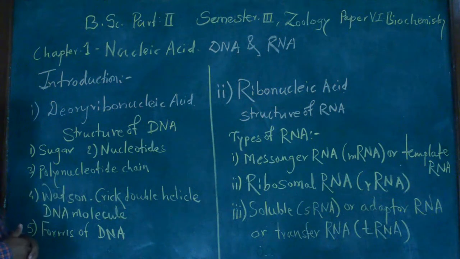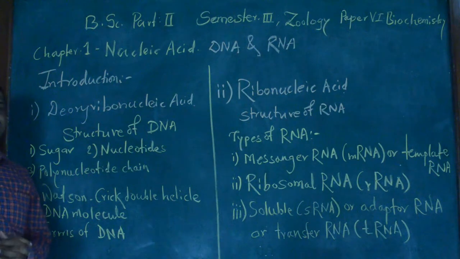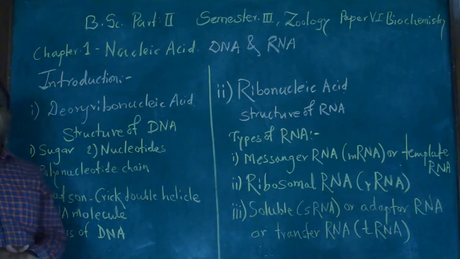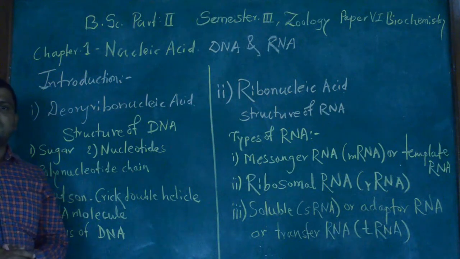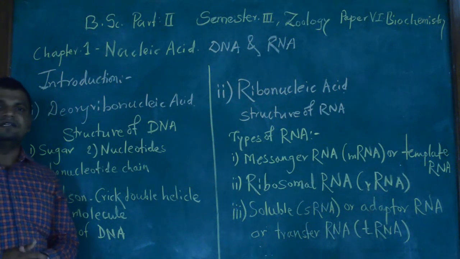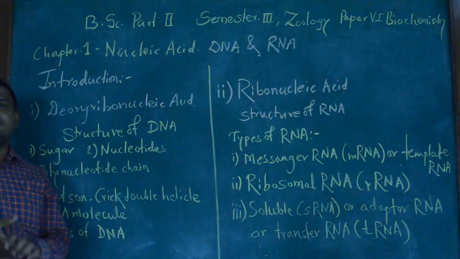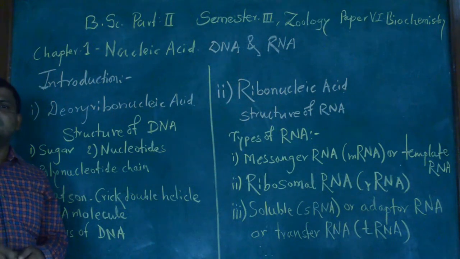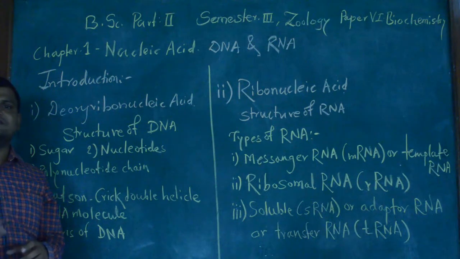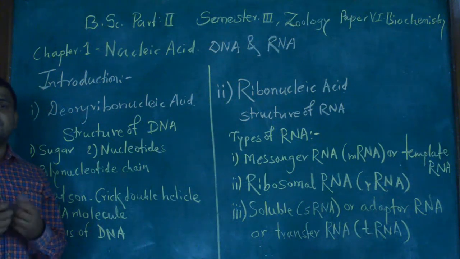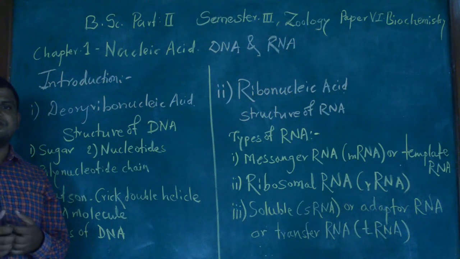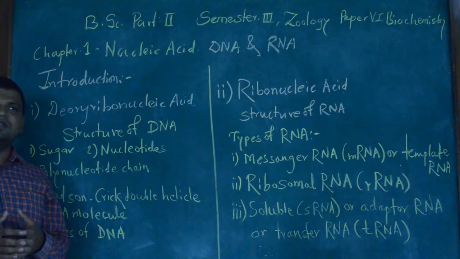Here we consider the Watson and Crick double helical DNA molecule. After the work of Rosalind Franklin, who with the help of X-ray crystallography showed that a particular DNA molecule has a cross-like or X-shaped pattern, she interpreted an imaginary representation from that crystallographic model.